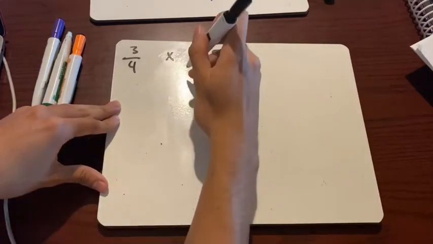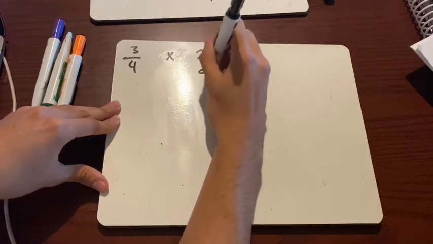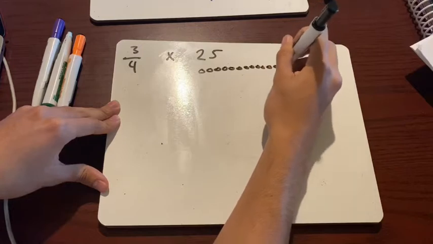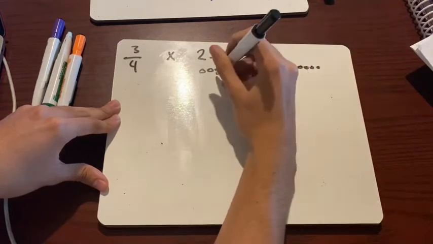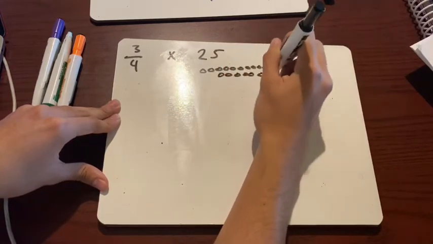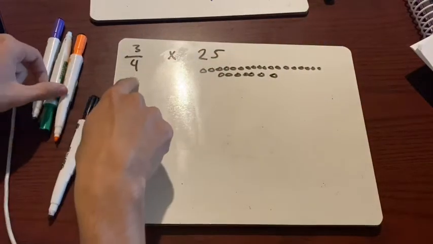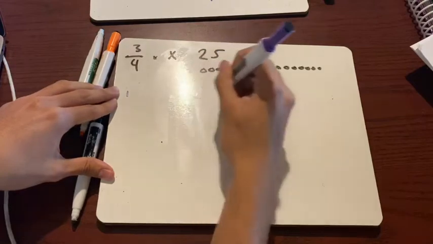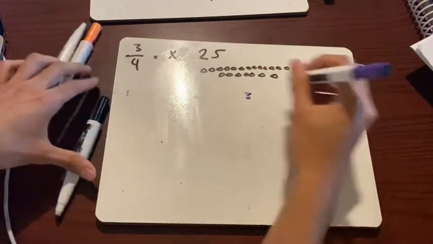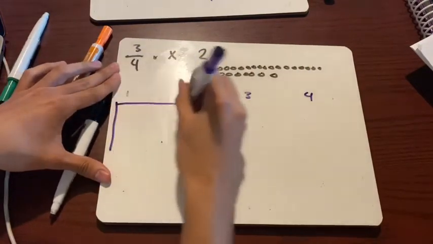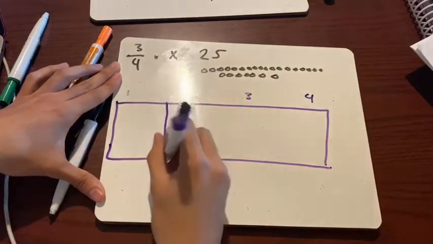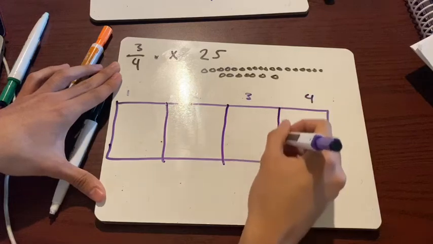I have 25 pieces. 1, 2, 3, 4, 5, 6, 7, 8, 9, 10, 11, 12, 13, 14, 15, 16, 17, 18, 19, 20, 21, 22, 23, 24, 25. I have 4 rows. 1, 2, 3, 4.